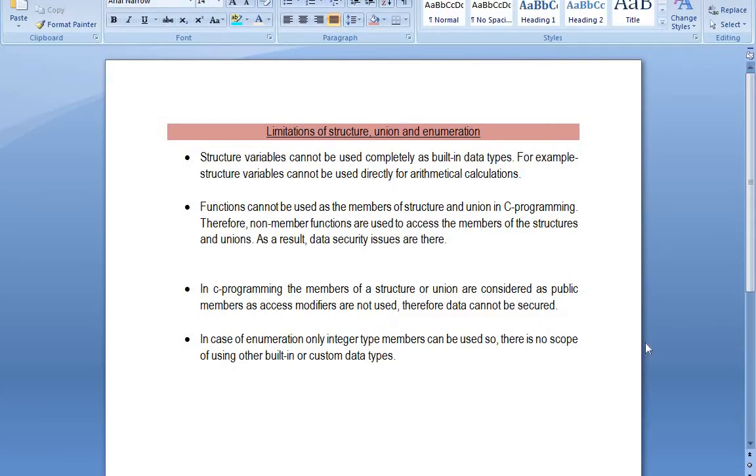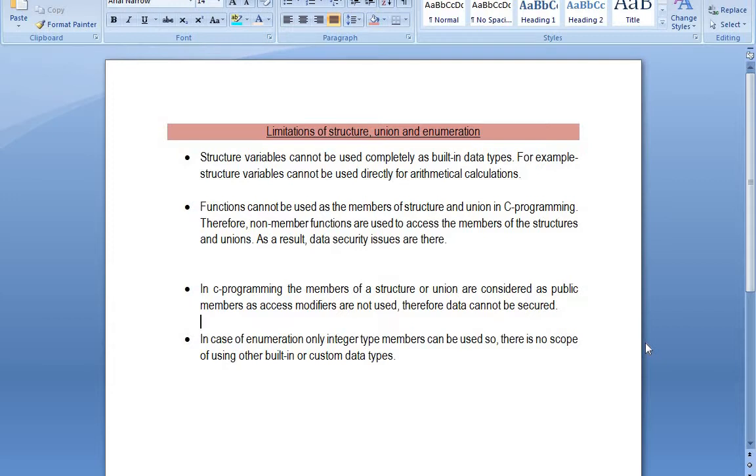Structure variables cannot be used completely as built-in data types. For example, a structure variable cannot be used directly for arithmetical calculations. We know that in a structure we declare some structure members, and according to our need we declare some structure variables, and we access the structure members using the structure variables.